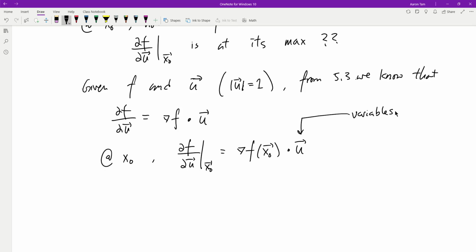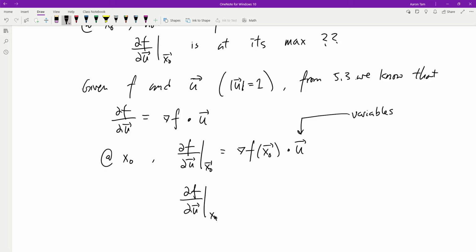But I can actually change that based on something that I learned in chapter 1. In here, I can basically go in all different directions. But I also know the following. If I perform a dot product between two things, I can actually rewrite it into this.